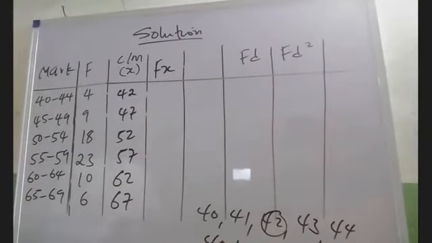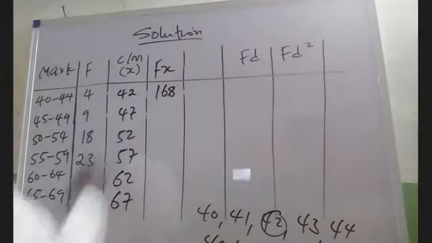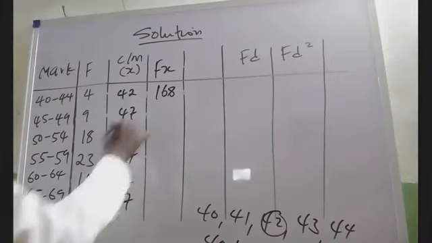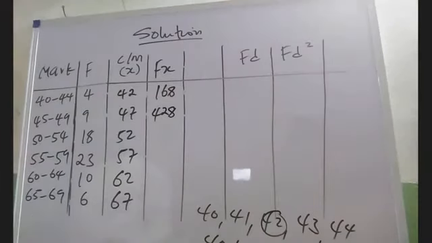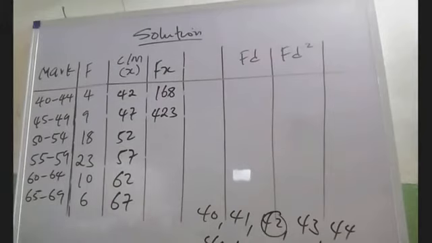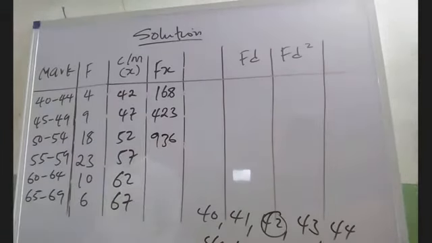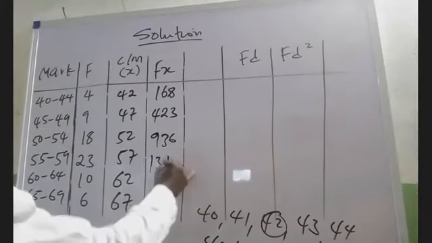If you find fx, you have 4 times 42. That will be 168. 9 times 47 is 423. 18 times 52 is 936. 23 times 57 is 1311.